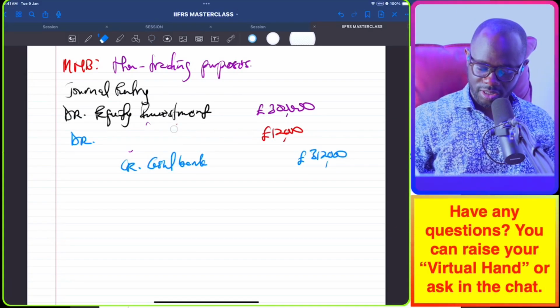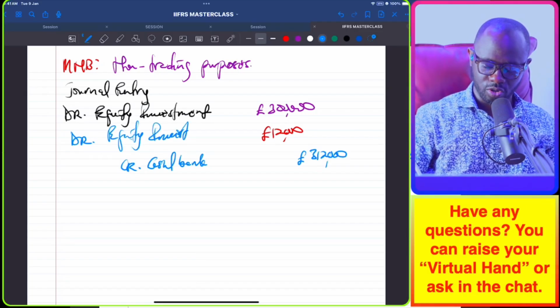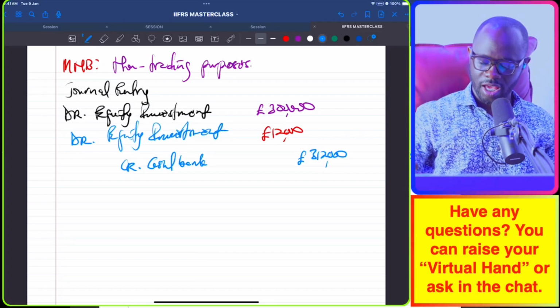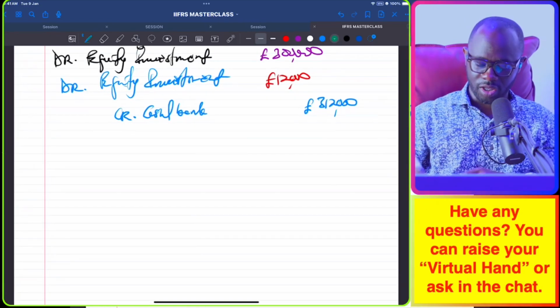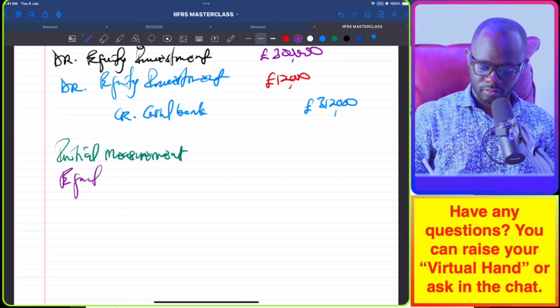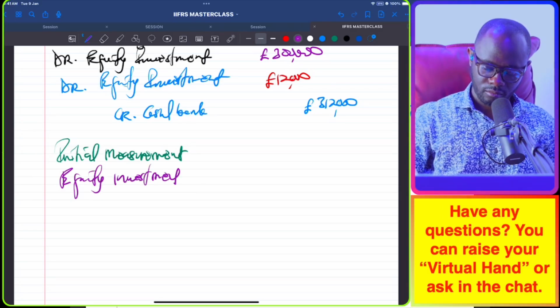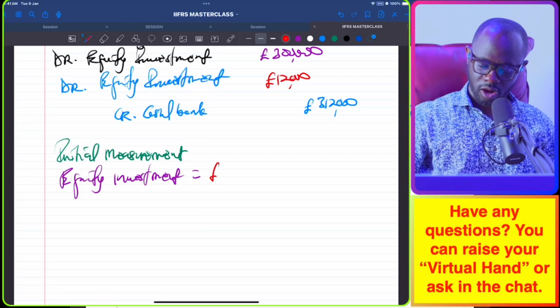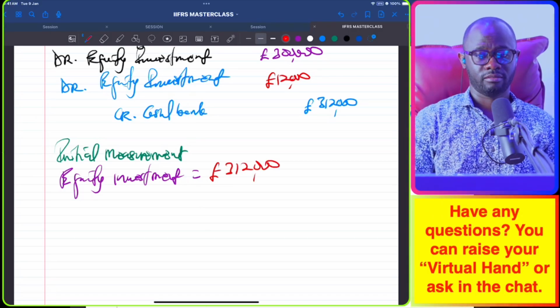We will debit equity investment because the transaction cost will be included in the equity investment. So the initial measurement of the equity investment will be equal to 312,000.